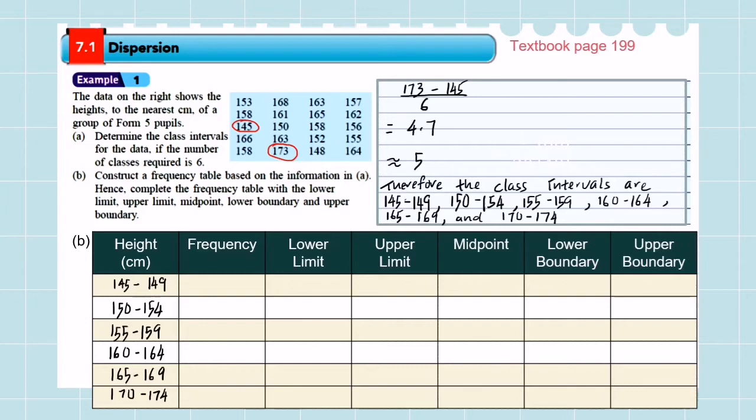Okay, so 145 to 149. What is the frequency? Means we need to find how many numbers between 145 to 149. Okay, so normally I will use tally method. So start with 153. So I put the tally at the side. Okay, so it's here. 168.